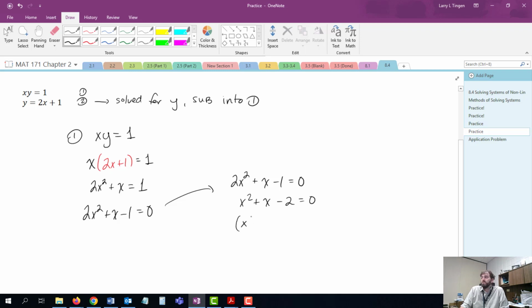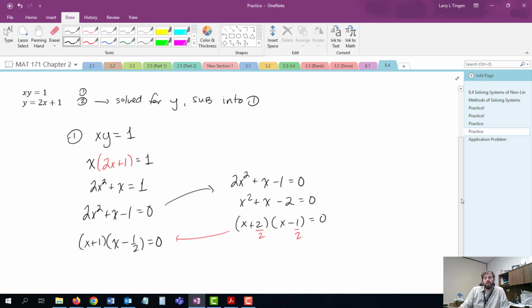It factors into x plus 2 times x minus 1, but remember, once you have that, you then have to come back and divide your answers by whatever a was from the beginning. So that means I now have, this factors into x plus 1 times x minus 1/2. X minus 1/2, that's the same thing as 2x minus 1.